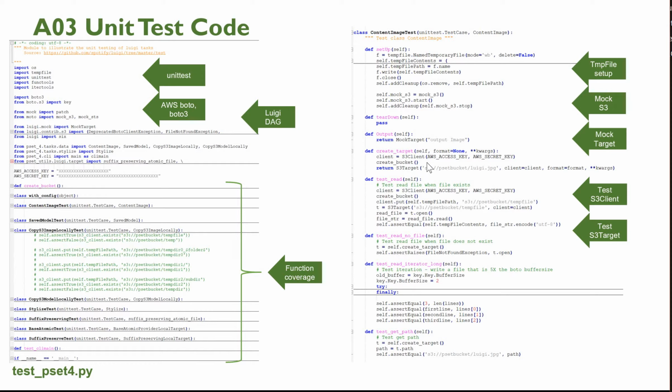And here is the specific test for this image content image. This is the part where we go and fetch the image that is stored in AWS. So here is a test read, and you can see this is the convention of unit test.